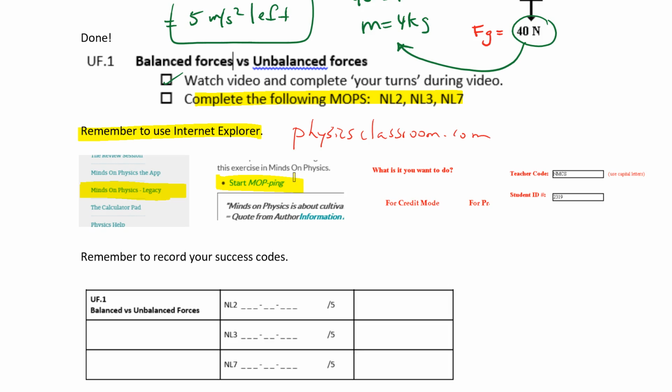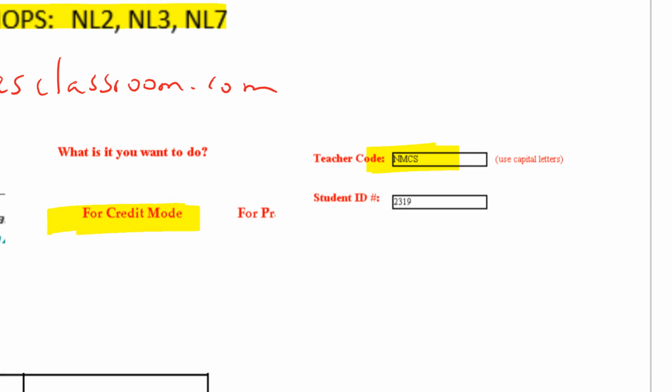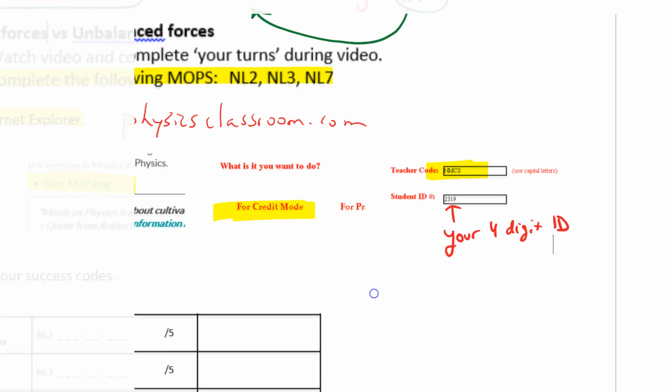Once you got that, you got a couple choices. Do you want to do it for credit or for practice? You want to do it for credit mode. The teacher code you want to put in is NMCS. The student ID is your 4-digit ID, whatever you're going to put on the form for me.